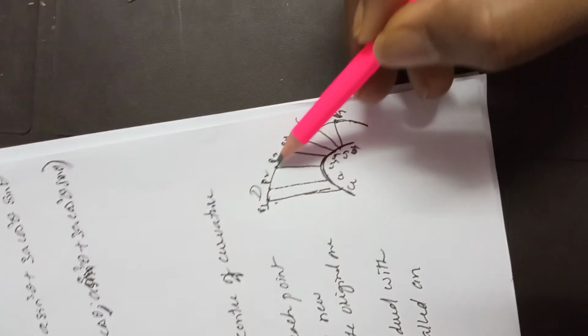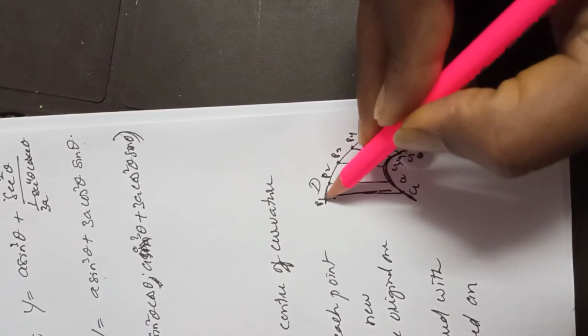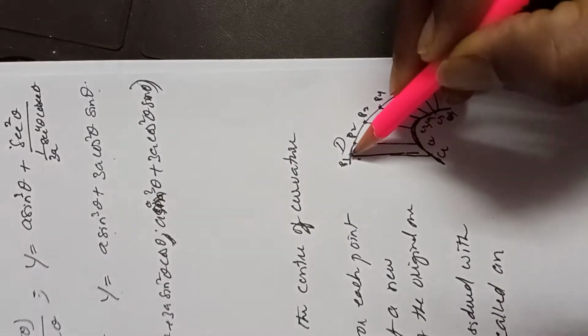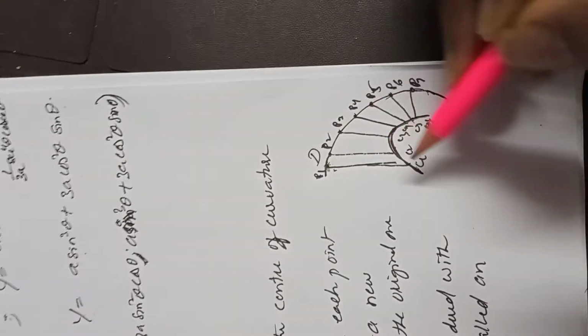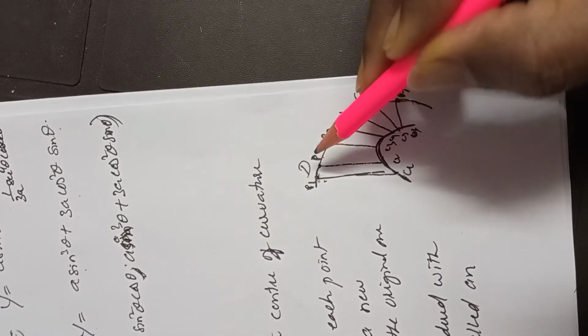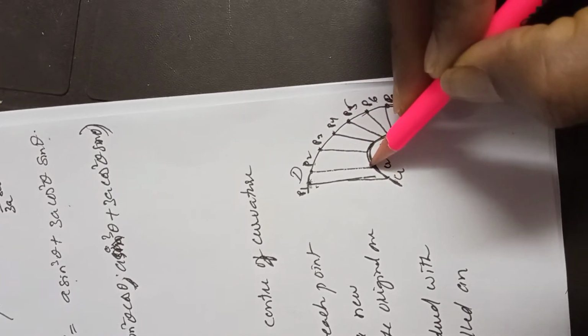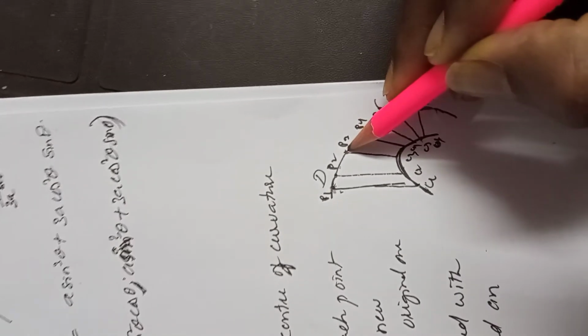See, one curve is given to you. We are choosing a point P1. With respect to this P1, the center of curvature is C1. And you are choosing another point P2. Then with respect to P2, the center of curvature is C2. Similarly, a point is P3.